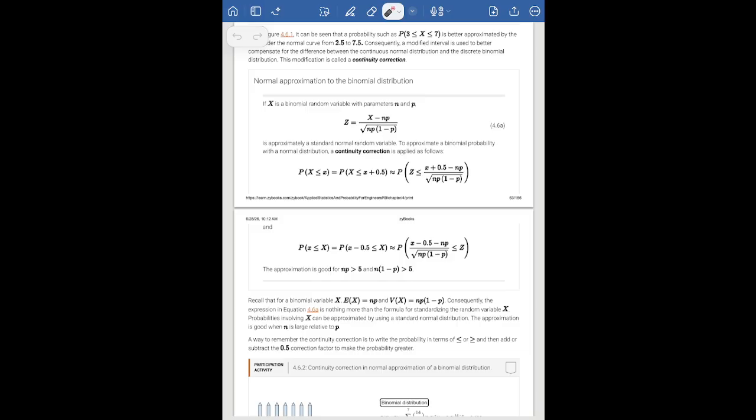In either case, we have a situation where we have the probability in this first one of our variable being less than or equal to this expression.